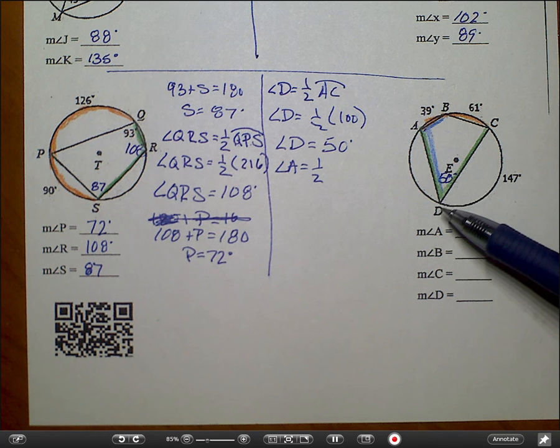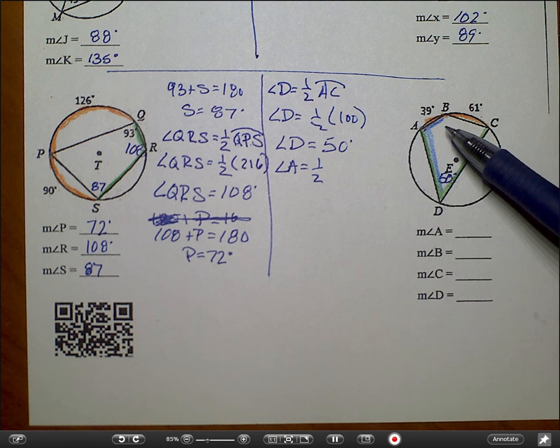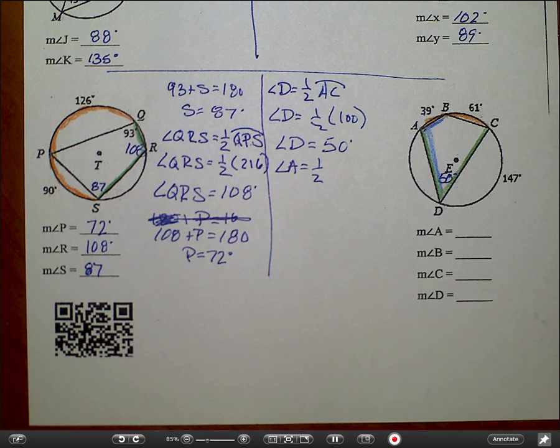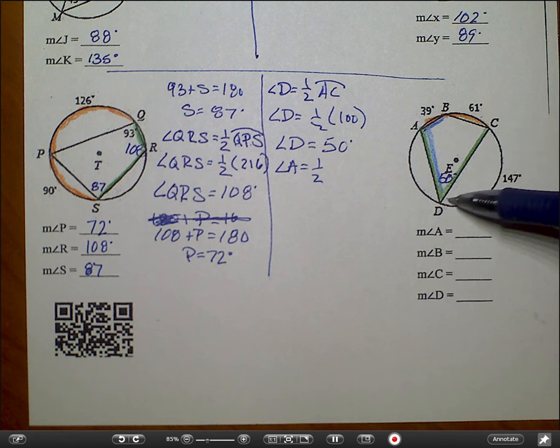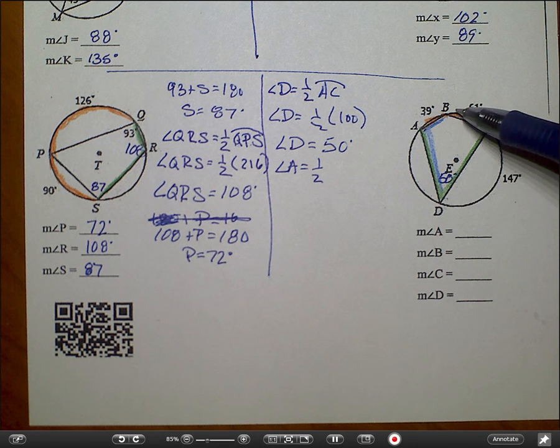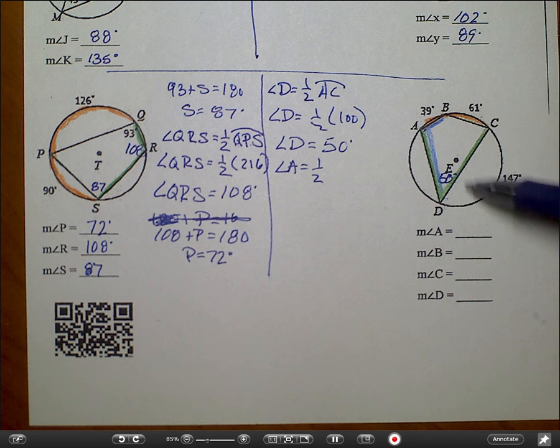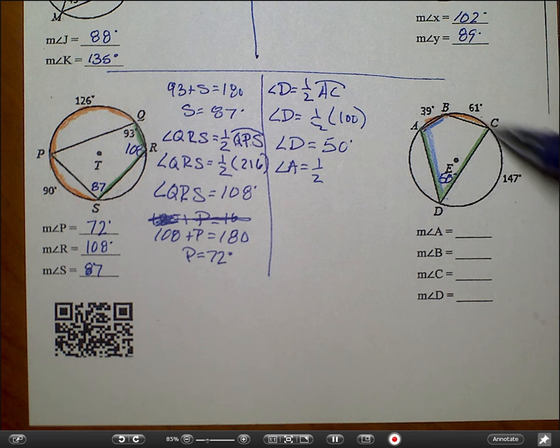Questions, please. If you have a question, please speak. Wouldn't it just be D and B as the endpoints? So wouldn't the arc just be from B to D? Yes, but it's bigger. It's bigger than 180, so it's a major arc here.